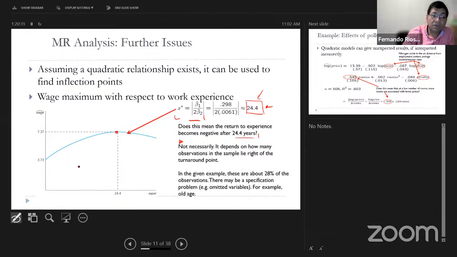So it's always going to be either a function like this or a function like this. Now, this inflection point is going to be relevant for your analysis only if you have data on both sides of the inflection point. In this example, is this inflection point important?